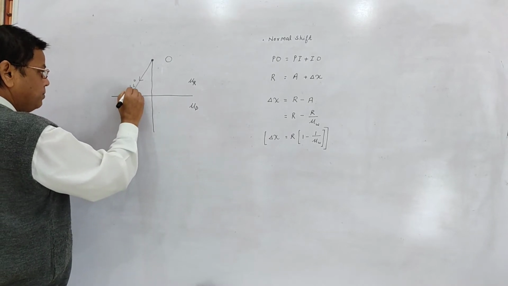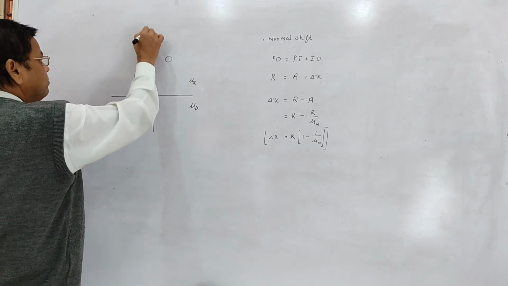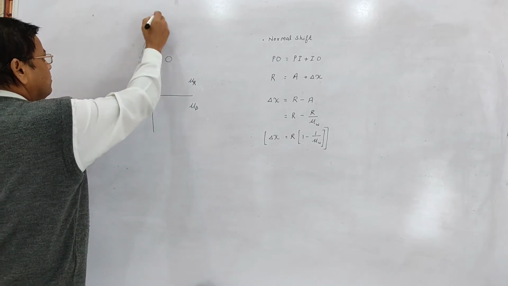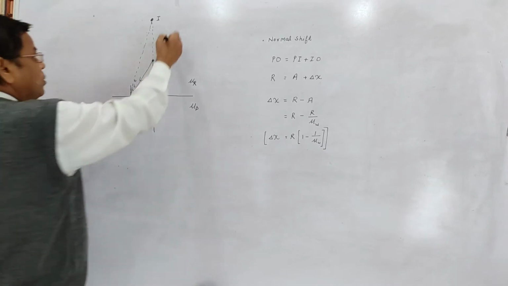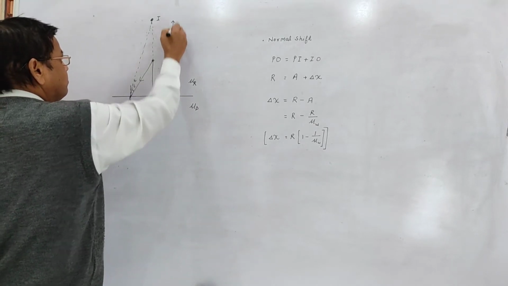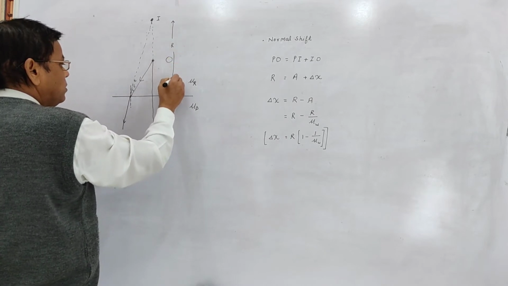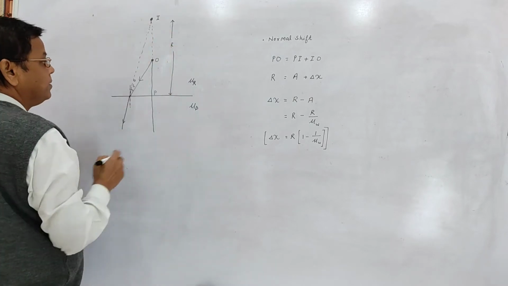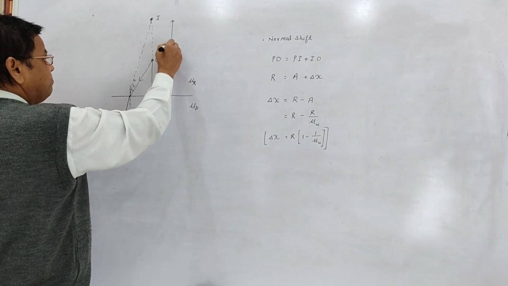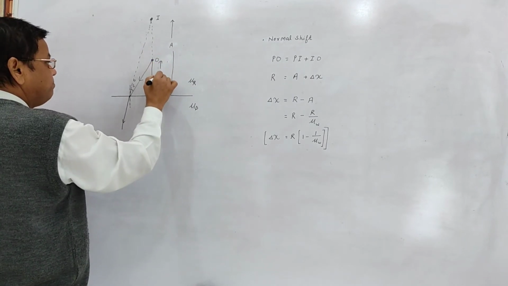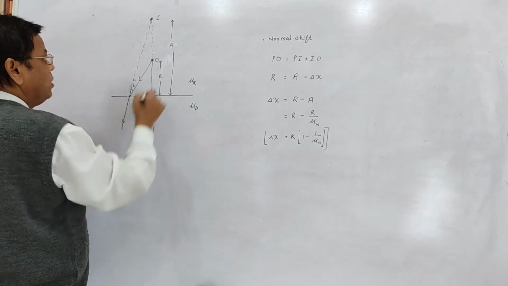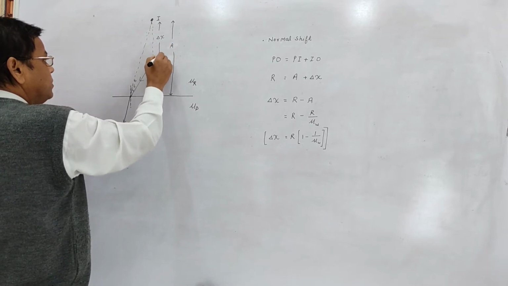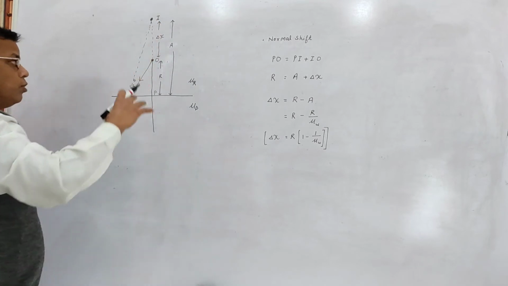If you extend this ray, here there will be the position of the image. Sorry, this is the apparent height and this is the real height of the object. The normal shift is the distance between the object and the image.